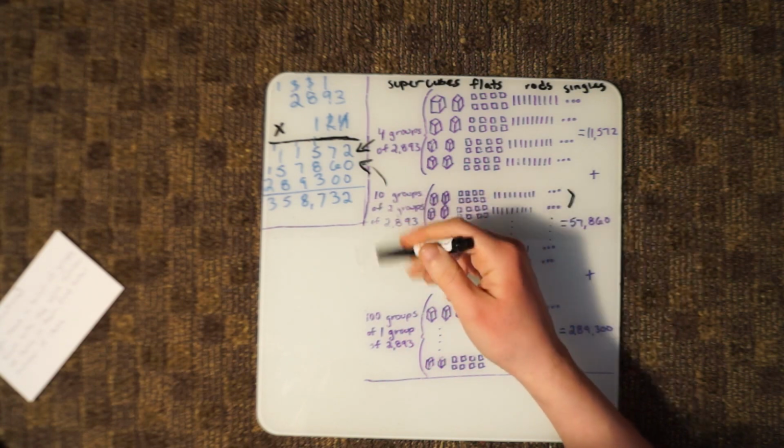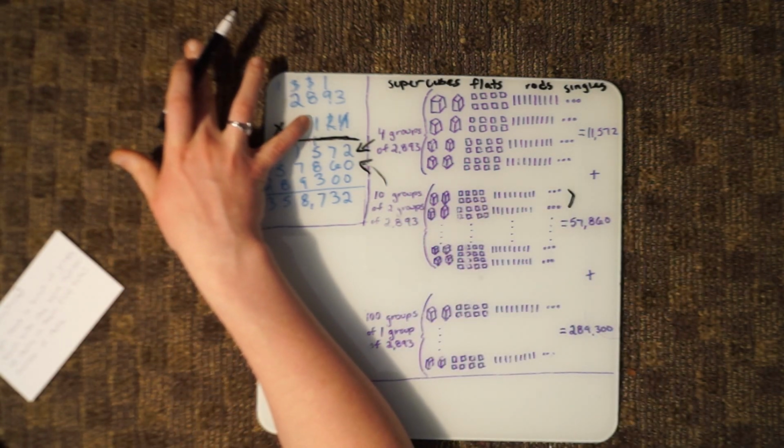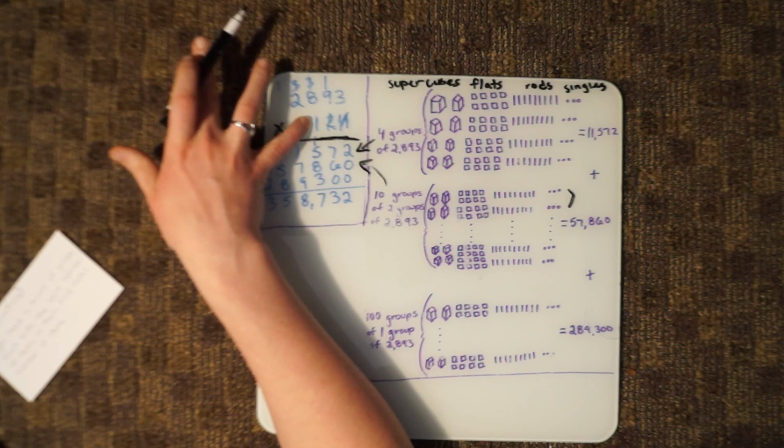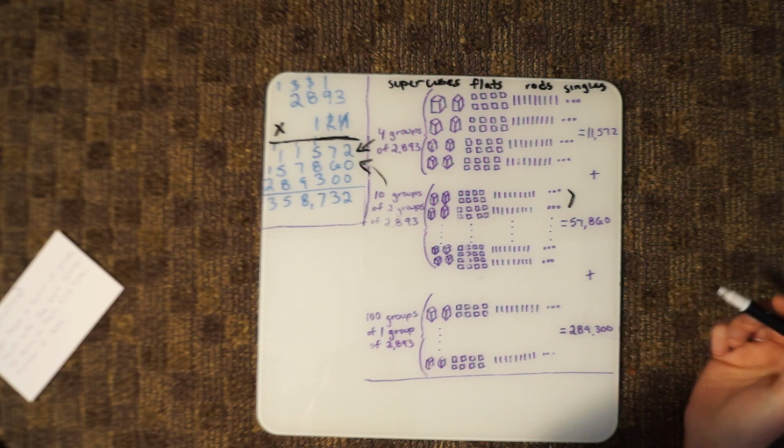Then our last step down here is we have a 1 right here, and that's in the 100th place. So we have 100 groups of 1 group of 2,893.